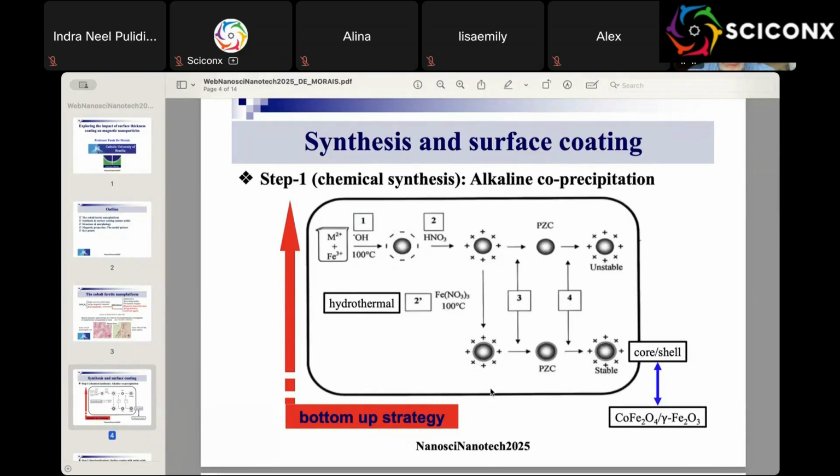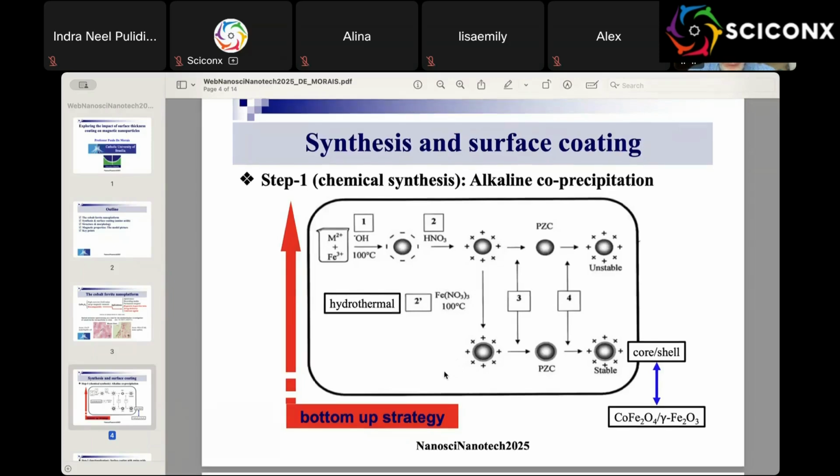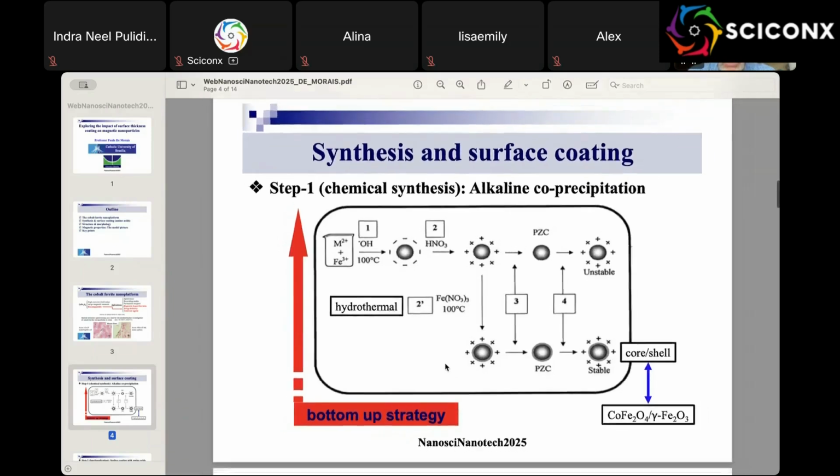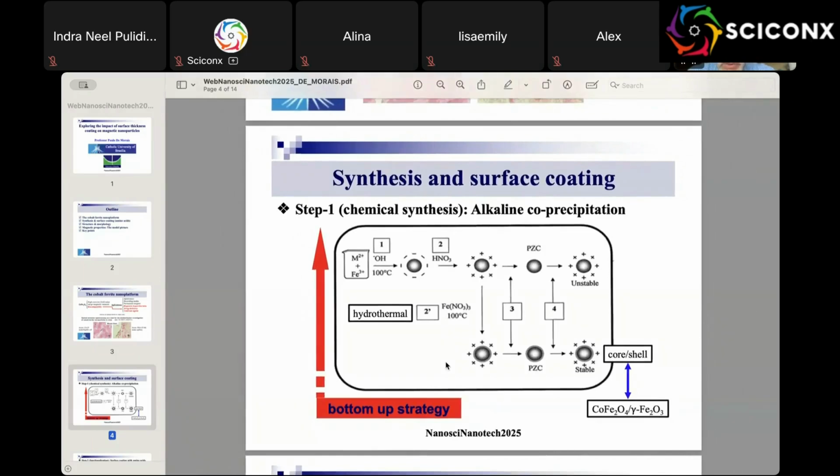In number one, we start with an aqueous solution of iron and a transition metal like cobalt, copper, or iron too. The synthesis starts with a precipitation in alkaline medium. You can add different bases like sodium hydroxide, potassium hydroxide, or ammonium hydroxide. This is the first step.